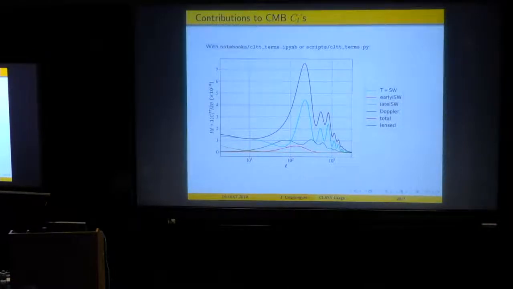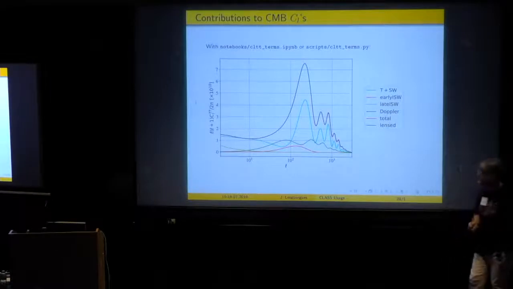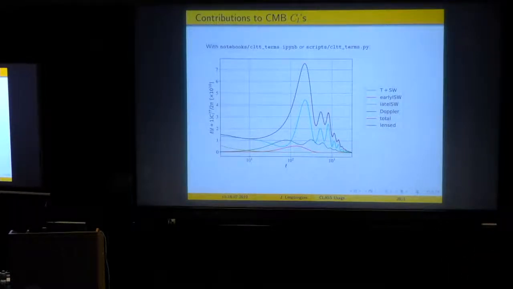You want to convince yourself, and you want to convince the people reading your article by showing it explicitly. So you can compute this decomposition in lambda CDM and in your model, superimpose the result, and say, you see, my model affects the CLs only at the level of, say, the early integrated Sachs-Wolfe. So it can be very convenient.